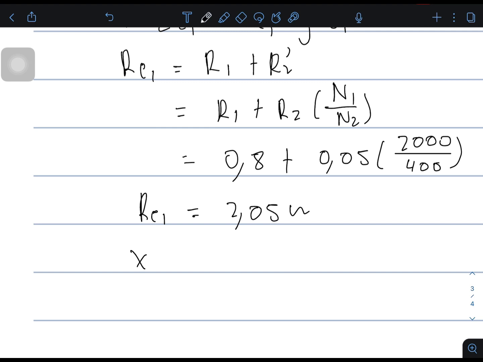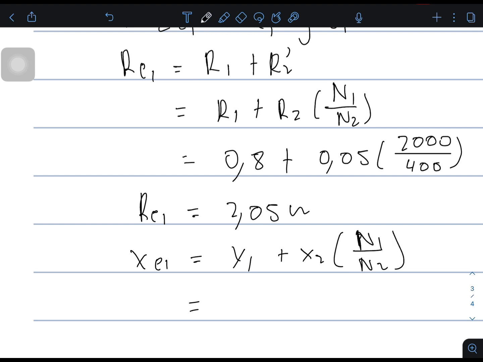First the equivalent reactance, which will be X1 plus X2 times 2000 over 400, that is N1 over N2.